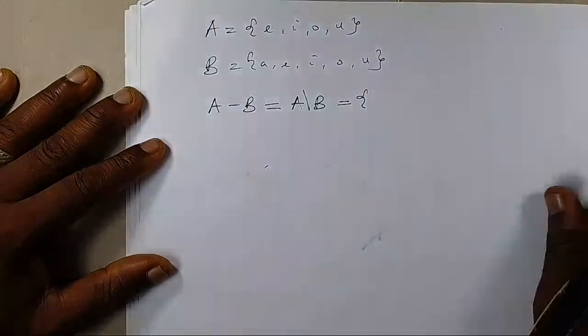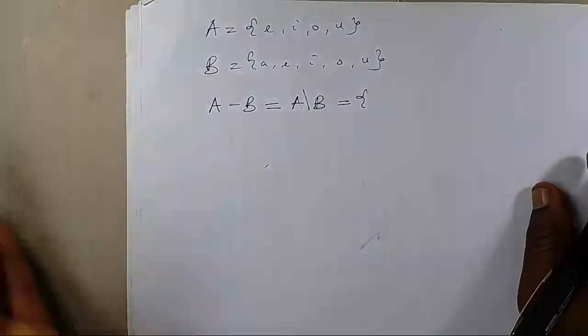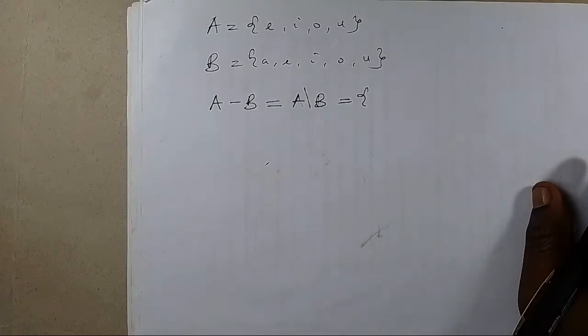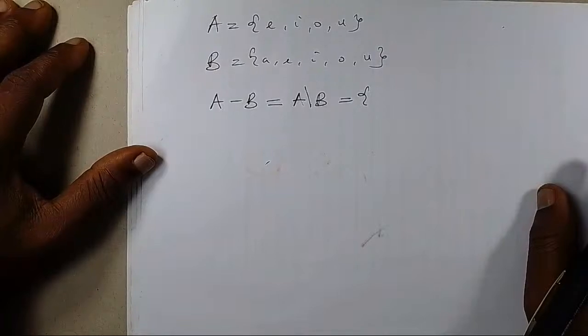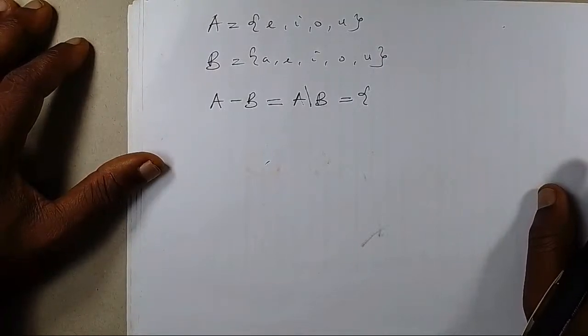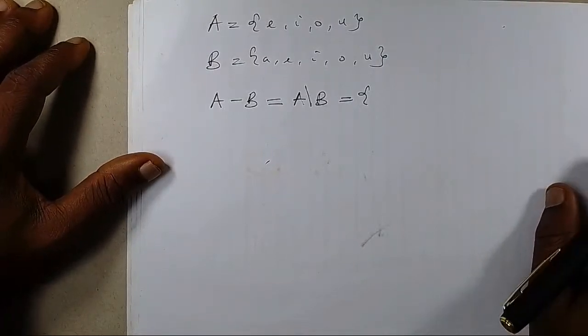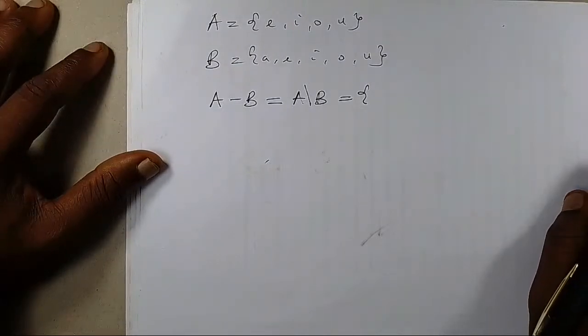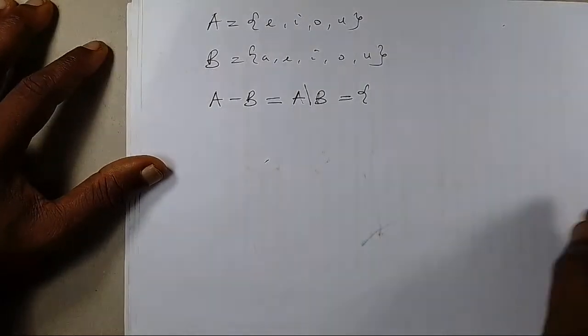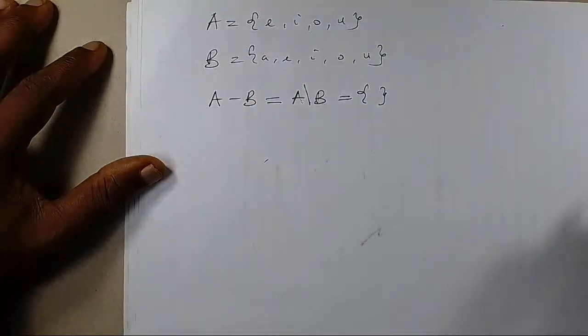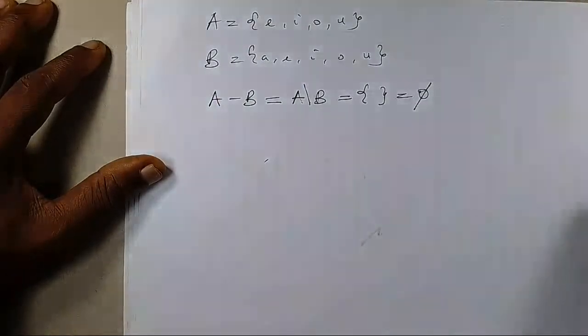A minus B, remember, is the set that contains, in comparison with B, elements found only in A. So what elements do you find only in A, but not in B? You will notice that there are no elements found only in A that you don't find in B. So it means that A minus B is empty, which is written as the empty set.